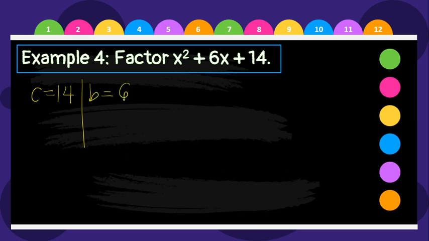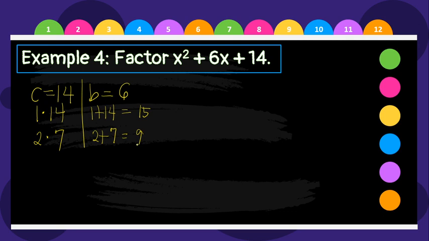So what are the numbers that when we multiply is 14, and when we add is 6. 14 has only a few factors, so we can list them all. We have 1 times 14, then we have 2 times 7. 1 plus 14 is not equal to 6, since 1 plus 14 is 15. 2 plus 7 is 9.